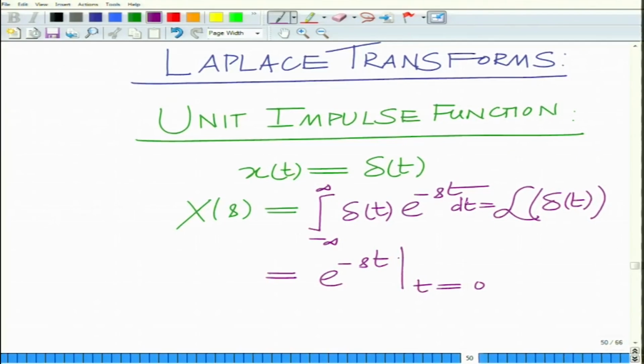Remember, the integral of delta t times any function is the function evaluated at t equal to 0. So, this is e raised to minus st evaluated at t equal to 0. So, this is equal to 1 for all s.